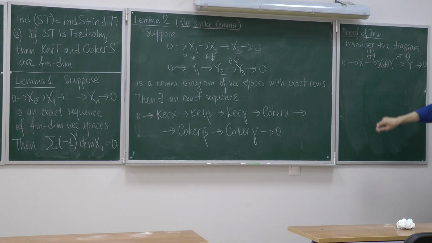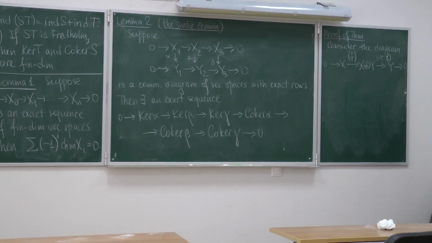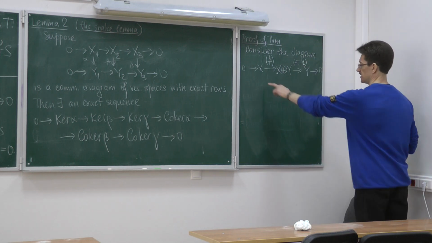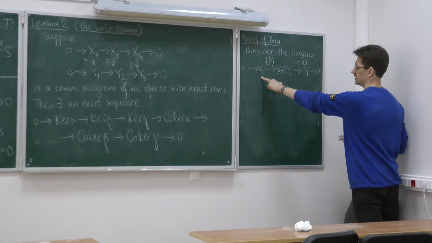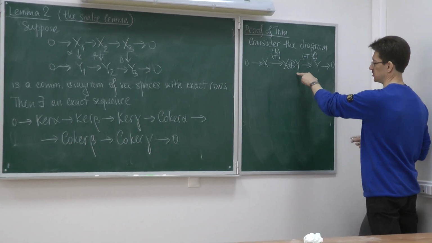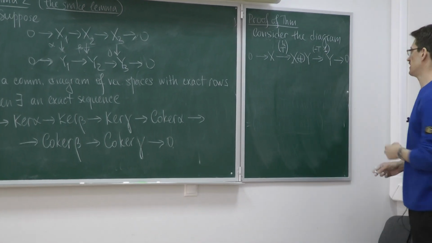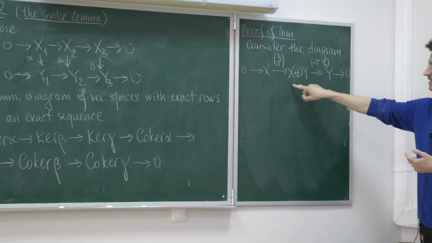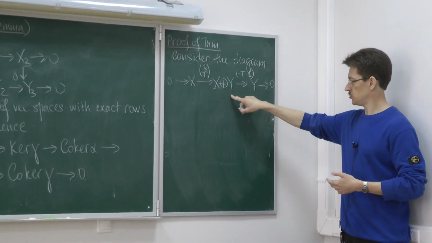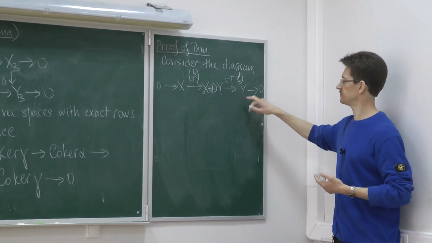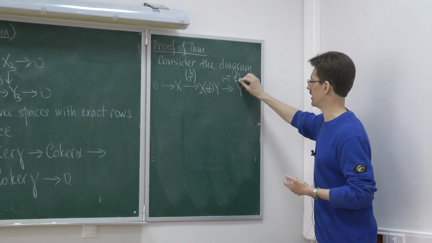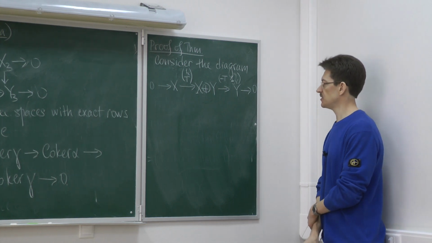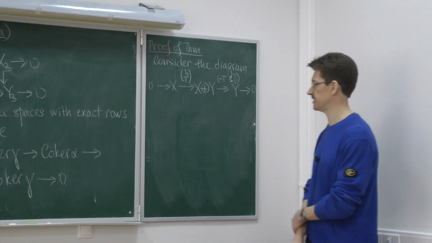This notation means that this column consisting of the identity operator on X and the operator T takes each element little x from here to the pair little x and T of x, which sits in the direct sum. And this row, minus T and 1, means that this operator takes each pair little x and little y to minus T of x plus y. Here 1 is the identity map of Y. I hope the notation is self-explanatory. So this is the first row of our diagram.